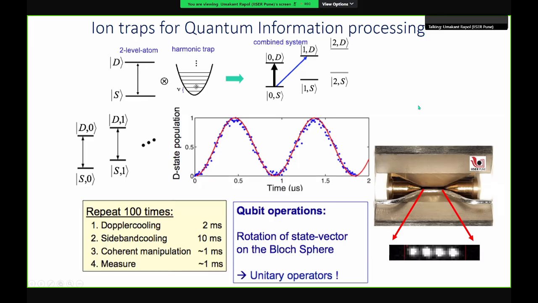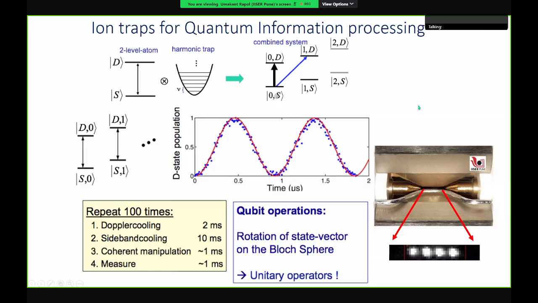So the energy level separation of these harmonic oscillator levels is much higher than the line width of this transition. So once you put an ion in such a trap, you can combine this energy level with the energy levels of the harmonic oscillator, and you can generate a ladder of these energy levels, which basically says that the first letter here denotes the motional mode.